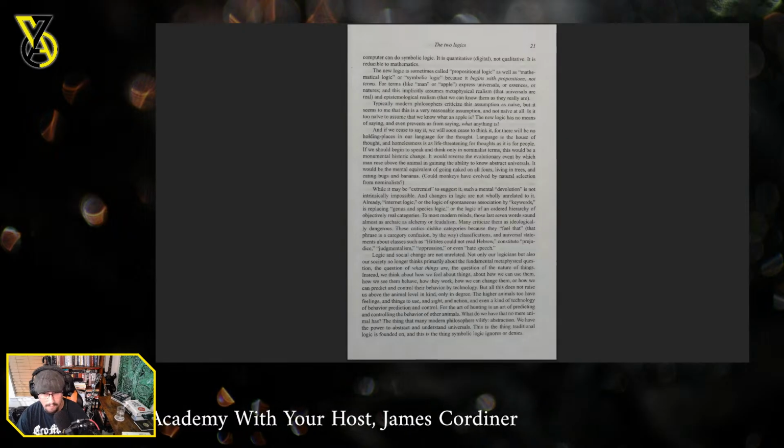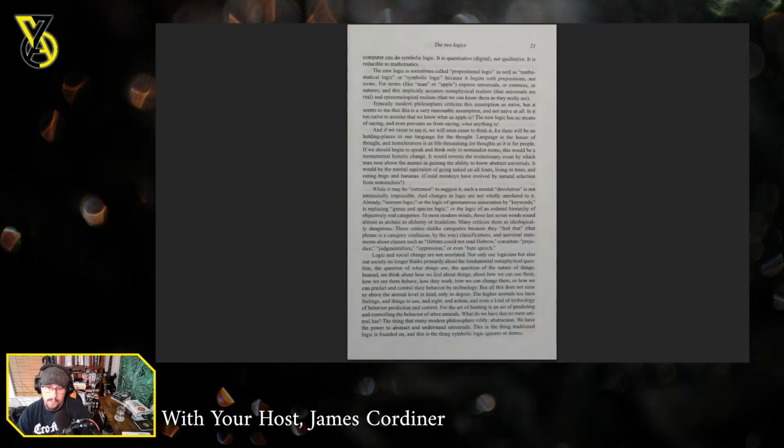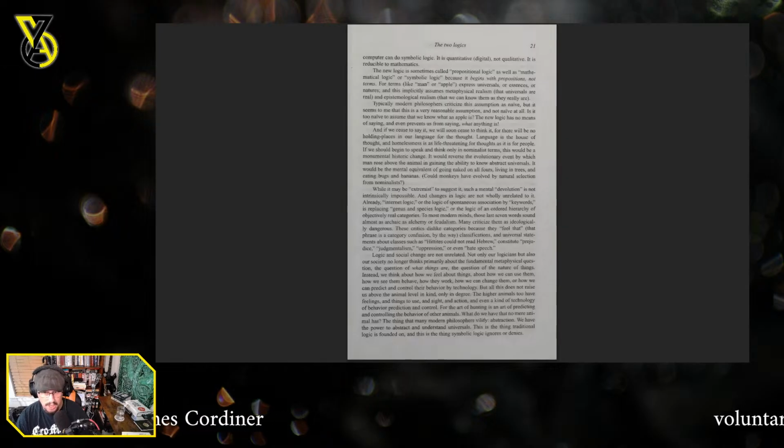Could monkeys have evolved by natural selection from nominalists? While it may be extremist to suggest it, such a mental devolution is not intrinsically impossible. And changes in logic are not wholly unrelated to it.